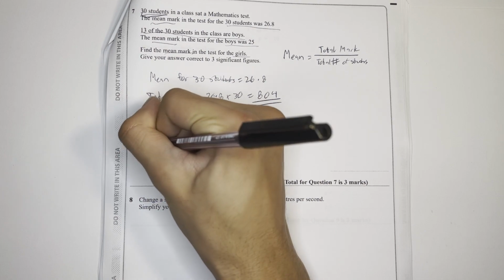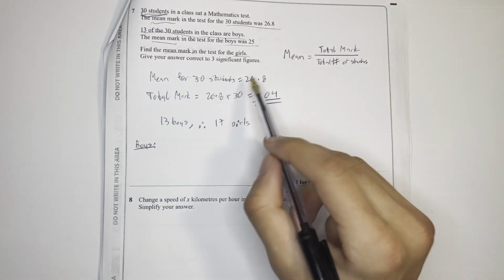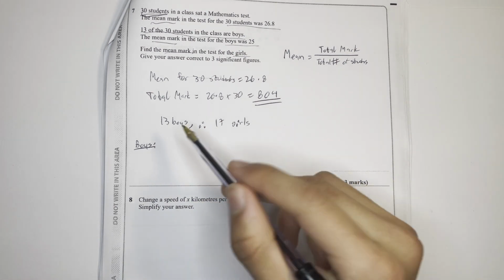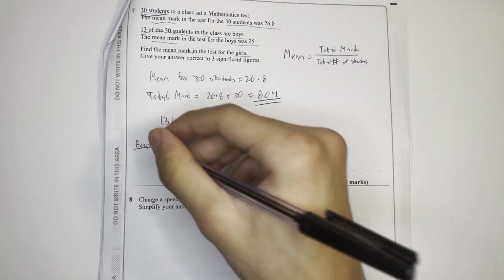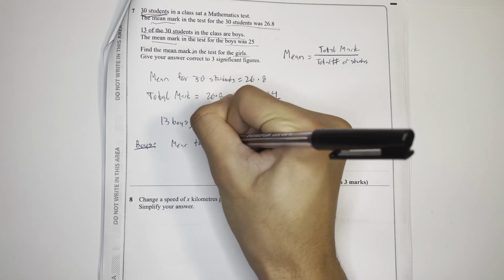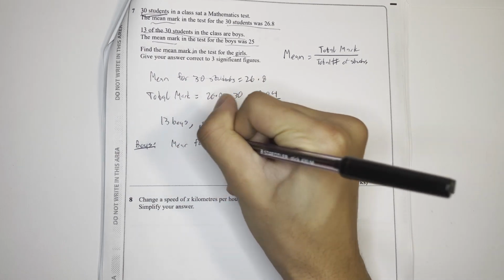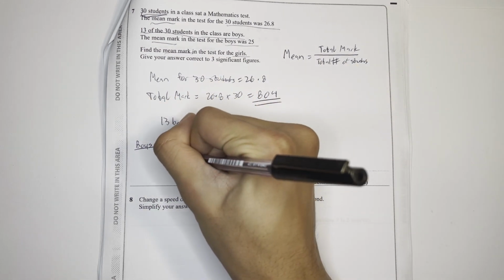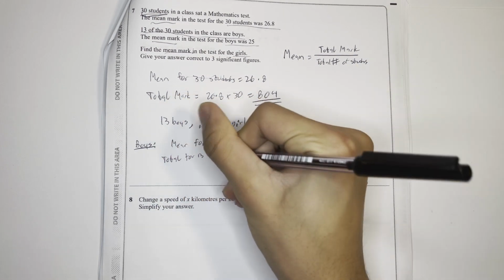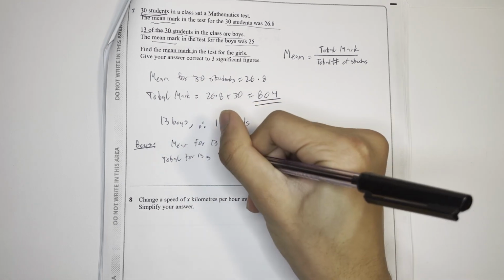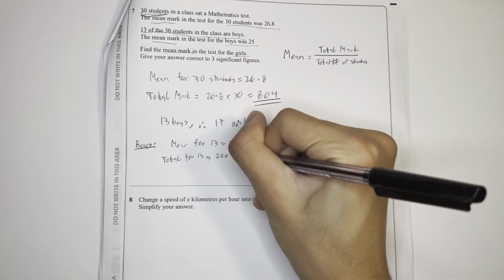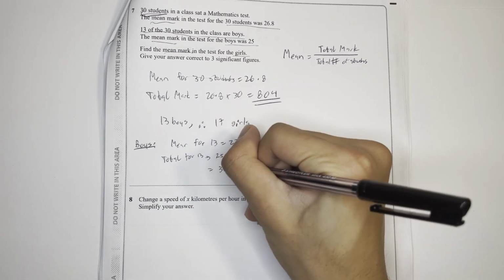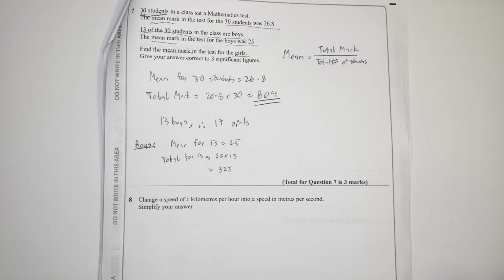To do this, we take the total mark and subtract the total mark of all of the boys. So we handle the data for the boys first. We know that the mean for the 13 boys is 25. Therefore, the total for the boys is 25 times 13, which is 325.